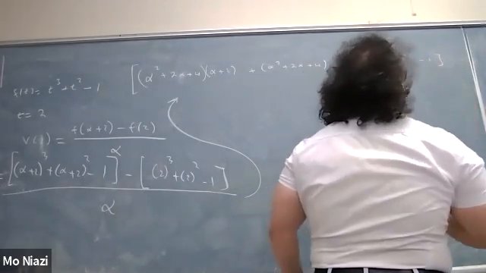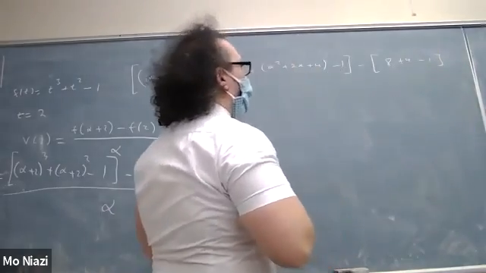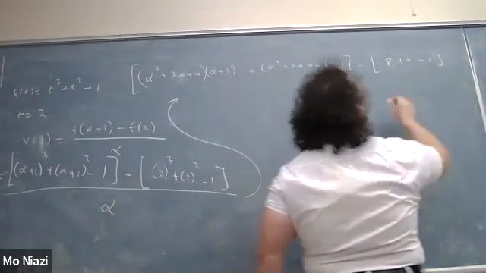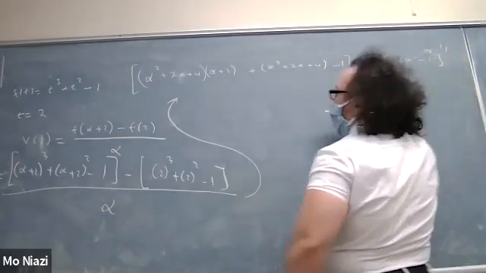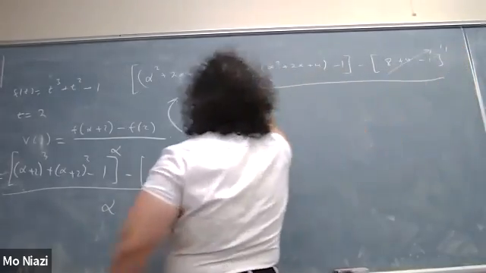It's a 12 minus 1, 11. So this becomes 11. Everything is divided by alpha.